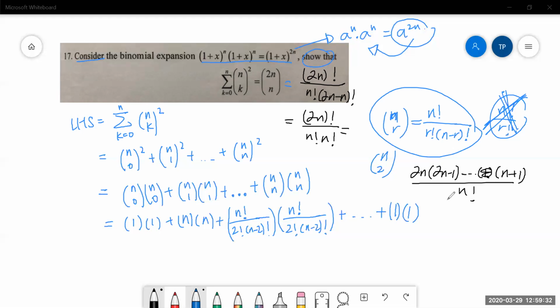N choose 0 and n choose 1. Choose 2 factorial and n minus 2 factorial. We have to use this. How are we going to include this inside this?